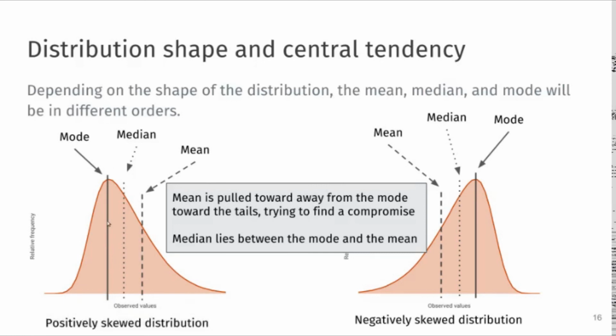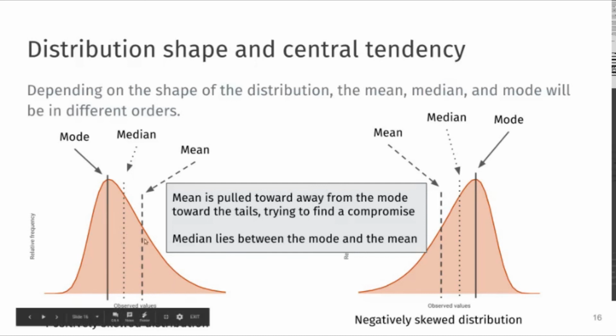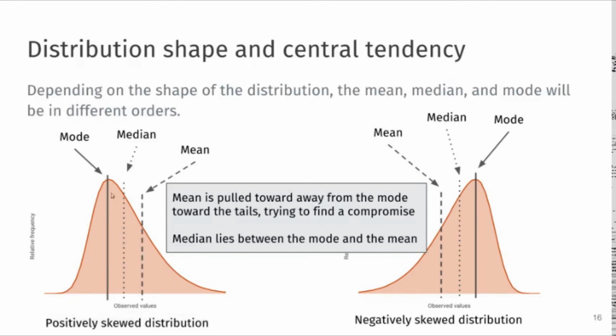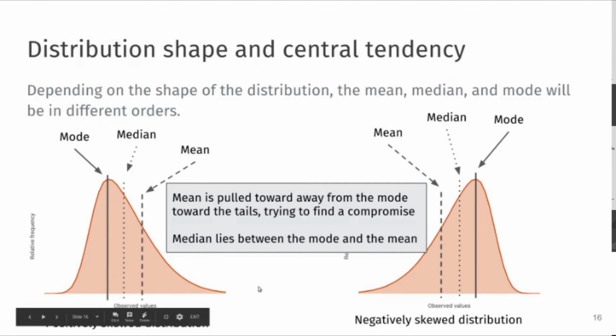So I'm going to incorporate some of the observations out there in the tail, and find a balance or compromise where we are giving some weight to the mode, but then also weight to the tail as it goes farther out. And then the median always tends to lie between the mode and the mean for these kinds of skewed distributions.